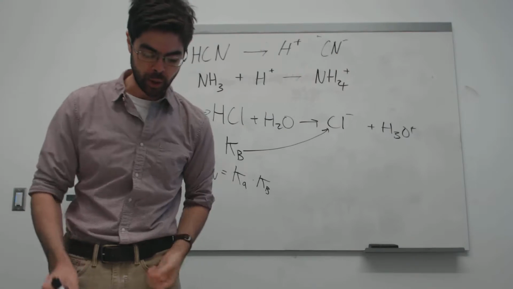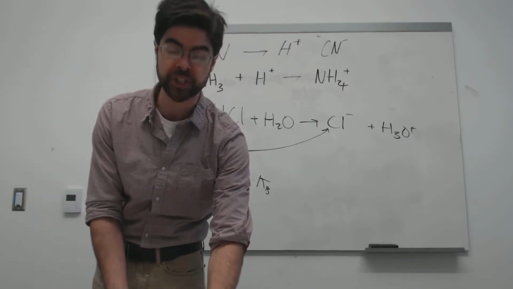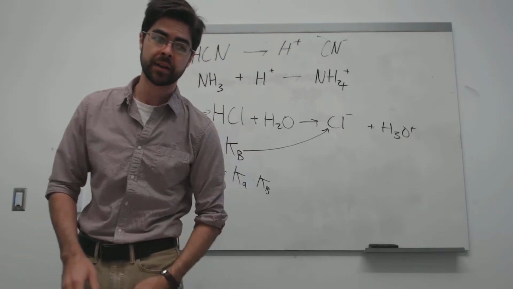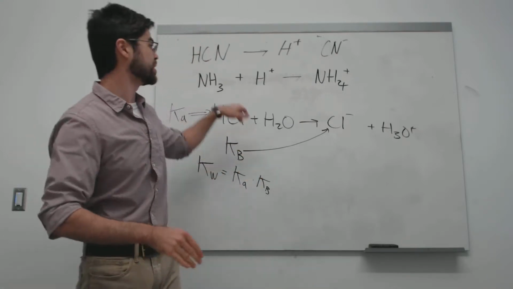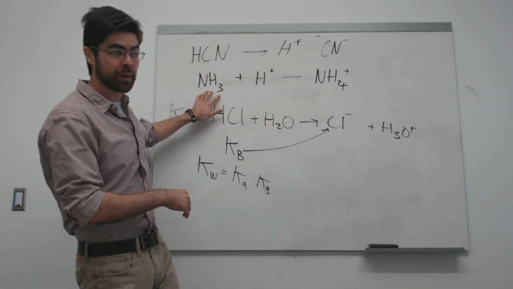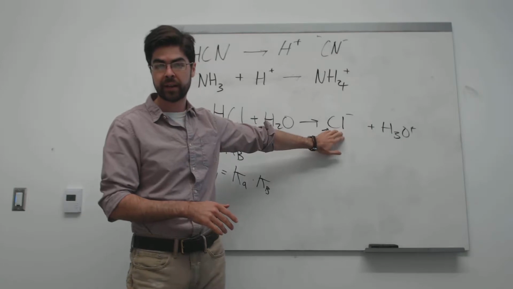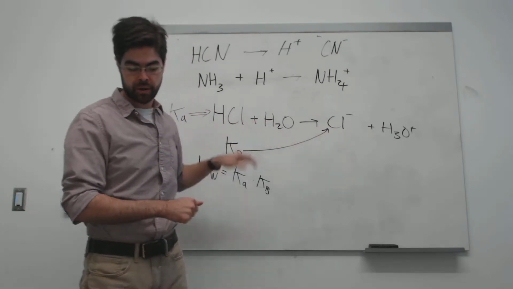We will usually only concern ourselves with the basic character of the conjugate base of a weak acid, and we will concern ourselves with the acidic character of the conjugate acid of a weak base, like ammonia. We usually won't care about the conjugate base of strong acids.